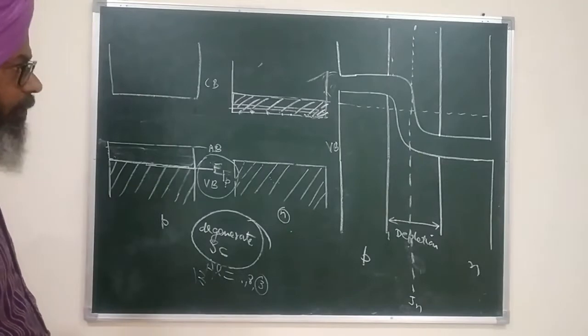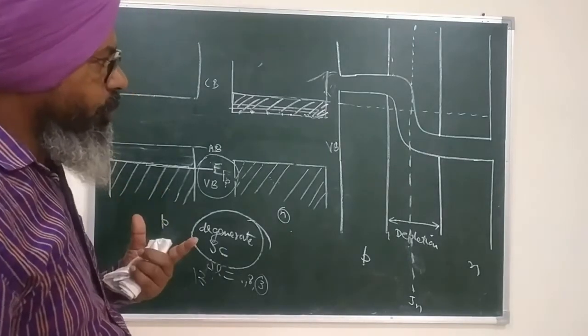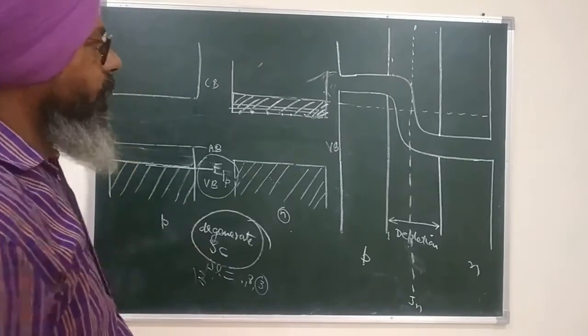Now I have drawn the diagram of a p-n junction diode which is made from degenerate semiconductors.